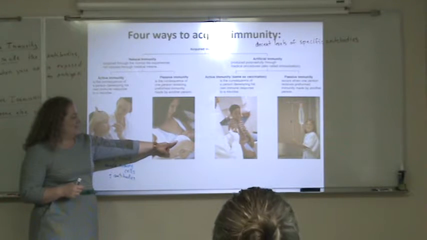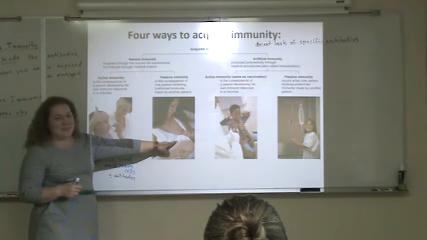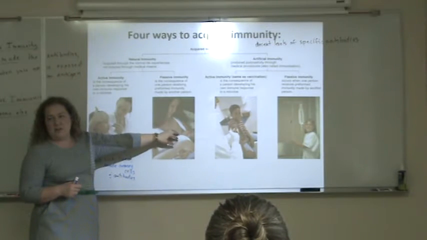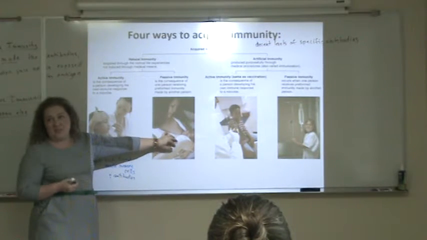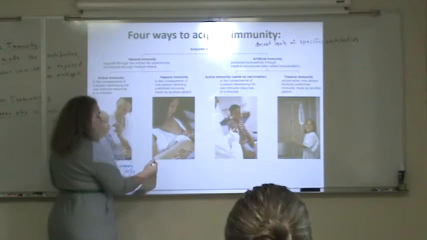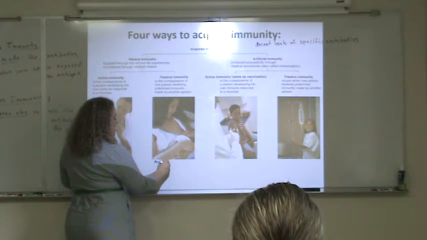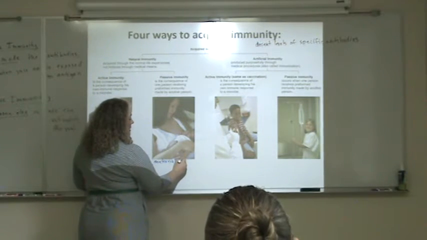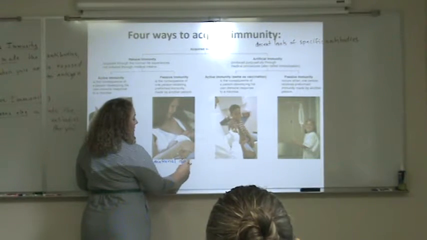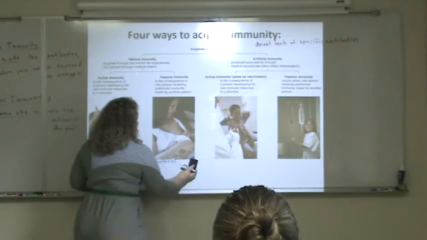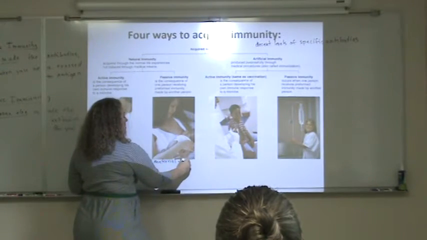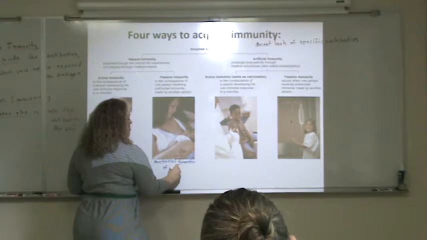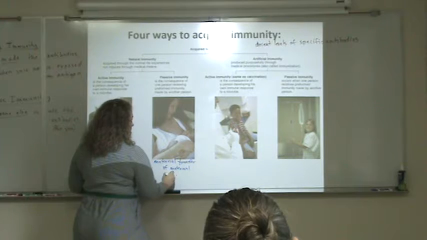Okay, second situation. This baby has some antibodies because it got them from nursing. There are also some antibodies that go through the placenta. So in this case, this kind of natural passive immunity is a maternal transfer, not donation, just transfer, of maternal antibodies.